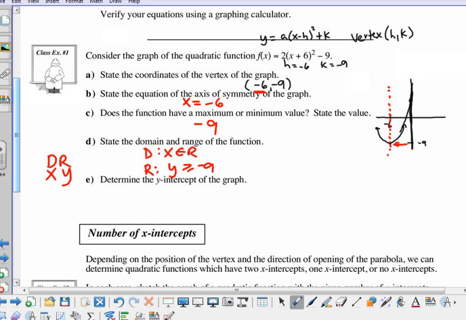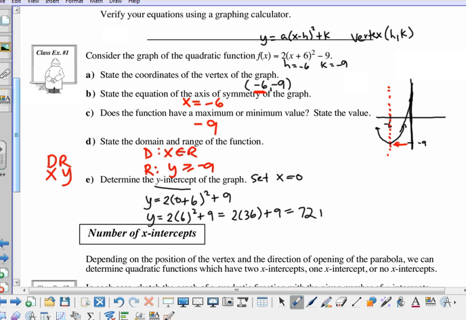So whenever we're looking for the y-intercept, we set x to 0. So with our equation, we're going to set x to 0 and solve. What's 0 plus 6? 6. What is 6 squared? 36. Times 2? 72. Plus 9? 81.